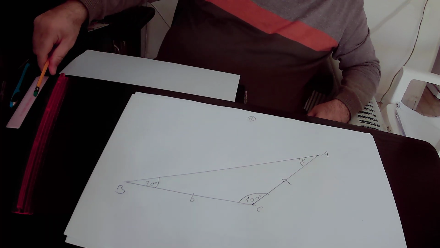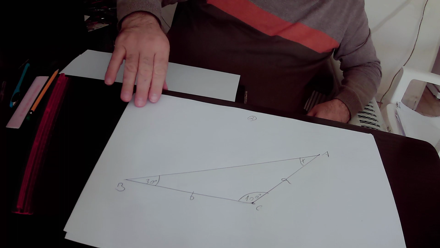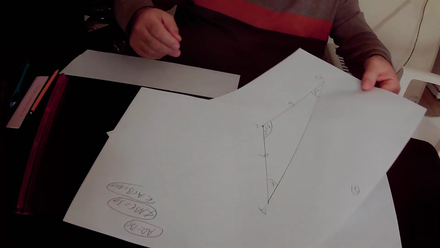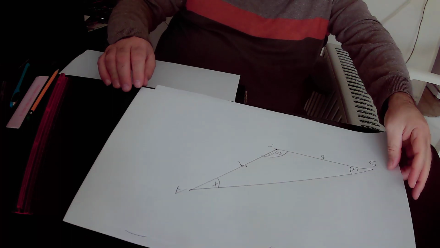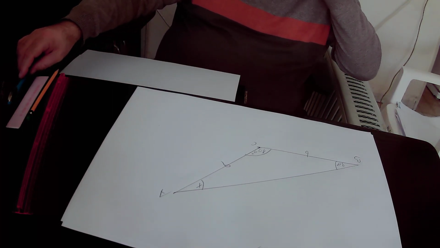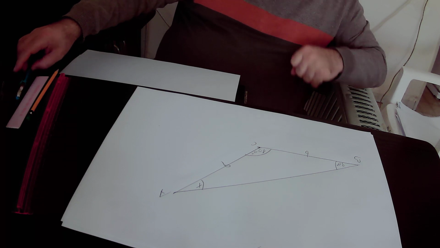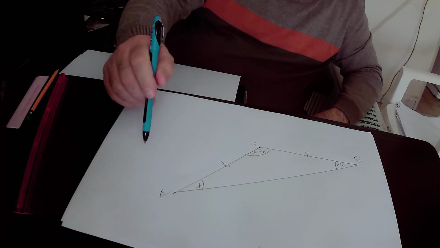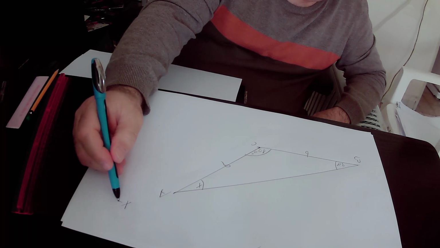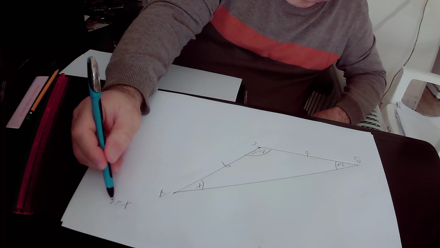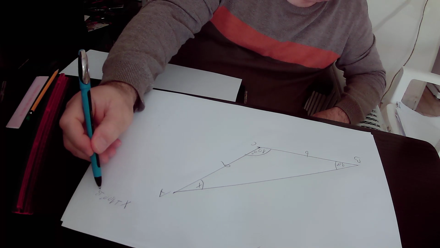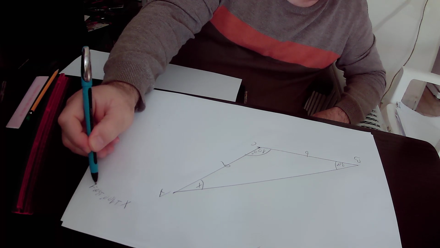According to the rule that the sum of the angles in any triangle is equal to 180 degrees, in triangle ABC the sum of the angles must be equal to 180 degrees. That is to say, angle X plus 100 degrees plus 30 degrees must be equal to 180 degrees.